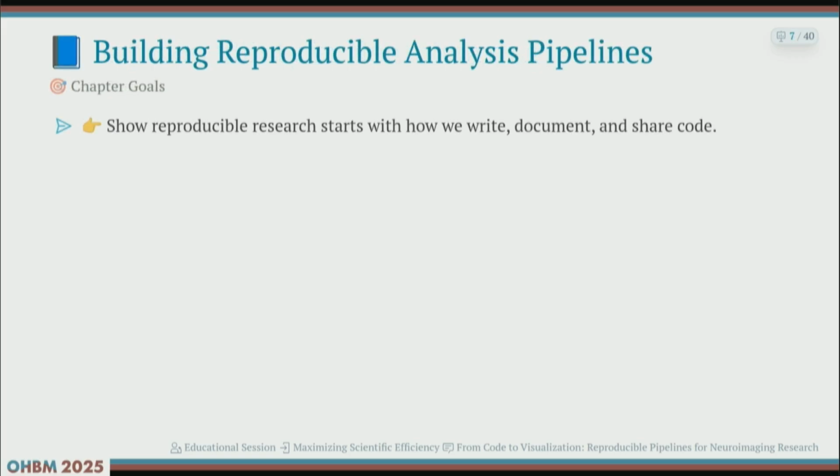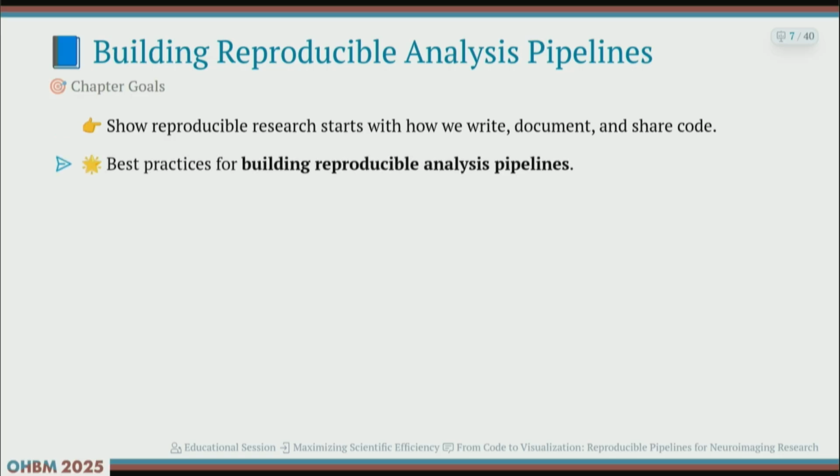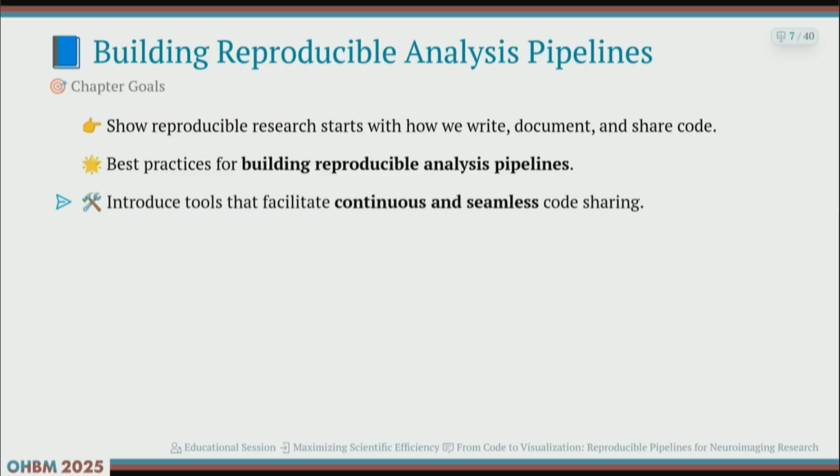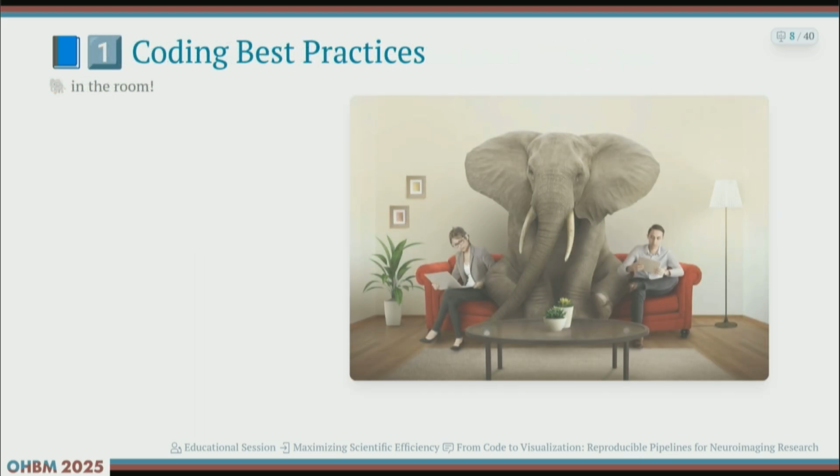So on the pipelines, I'll basically go over a range of best practices. The goal is to show simple steps that we can take to make our code easier to reproduce. And along the way, I will introduce some tools that may facilitate continuous and seamless code sharing as we do our research.